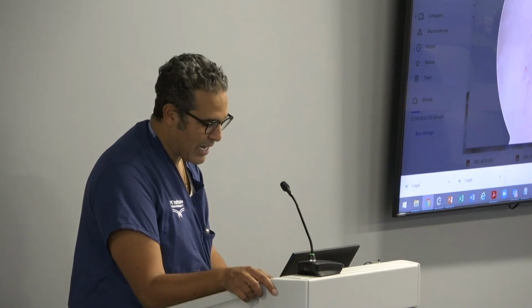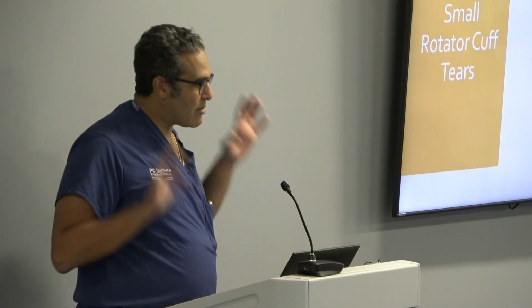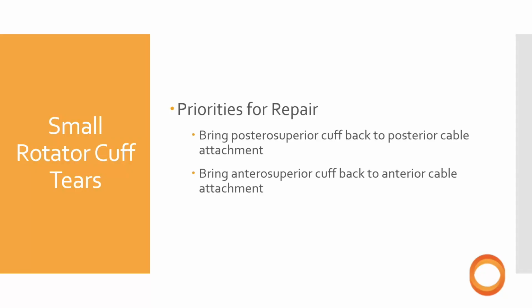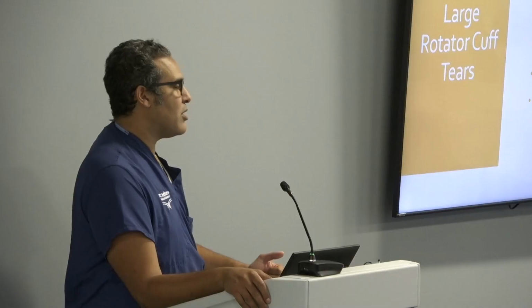So anyway, back to it. We got our normal anatomy, we got our small tears, the priorities for repair, what you're trying to reconstruct. For large rotator cuff tears, I think we need to say something about them. If we're going to talk about the biomechanical studies and look at it in the lab, there are so many factors like scapular position, how much deltoid force, the degree of the force couple.